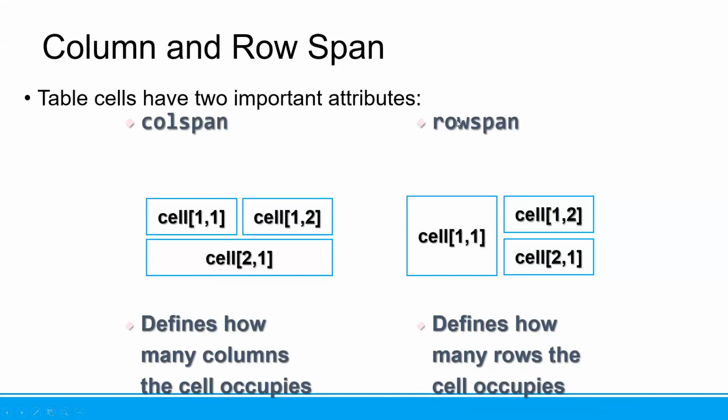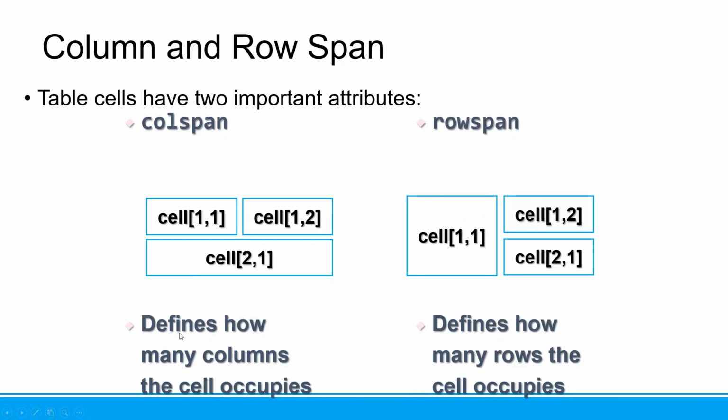Or if we are dealing with the row span, it means the column contains 2 cells or the column contains only 1 cell. So there is some merging of cells. So we want to merge.